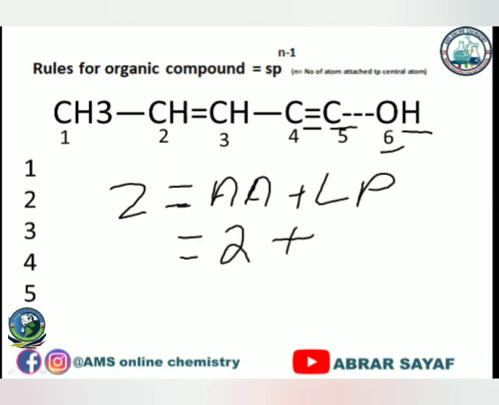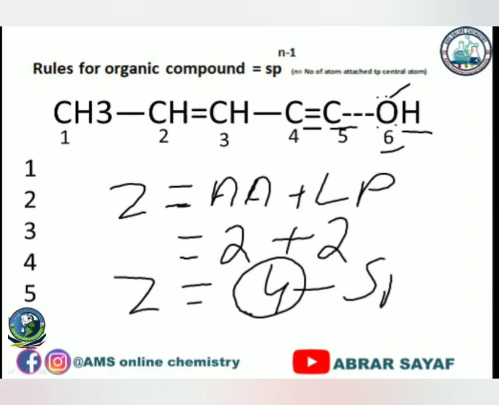And how many lone pairs are with oxygen? As you know, oxygen belongs to group number 6, so it has 2 lone pairs. So I will write here 2. So 2 plus 2 is equal to 4, and when the steric number is 4, the hybridization is sp3. So oxygen is sp3.